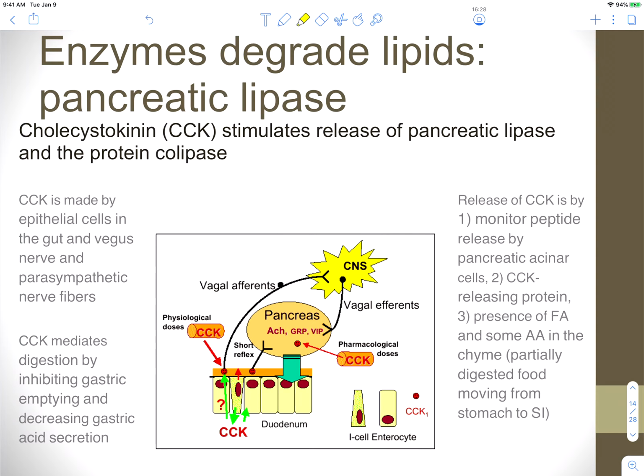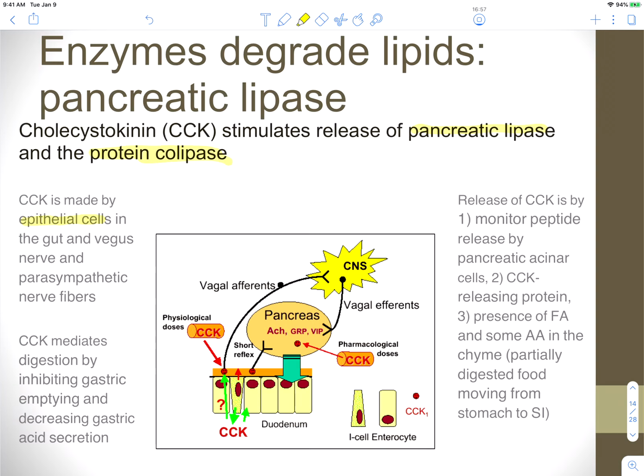So cholecystokinin is going to stimulate the release of those pancreatic enzymes. Two that are very important for fats are pancreatic lipase and another protein called colipase. Both are required in order to break down fats. Cholecystokinin is made by epithelial cells in the gut and the vagus nerve, as well as the parasympathetic nerve fibers.